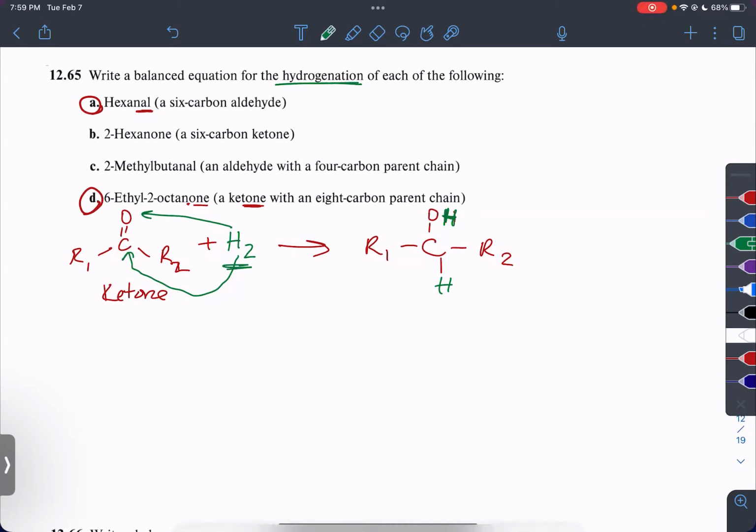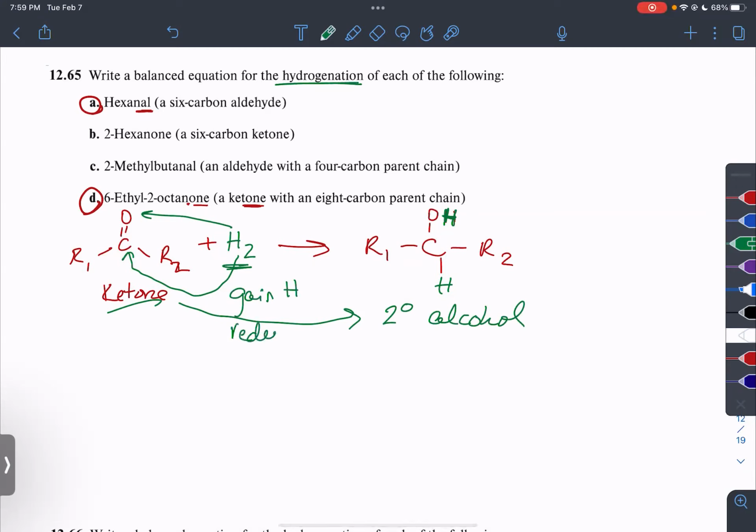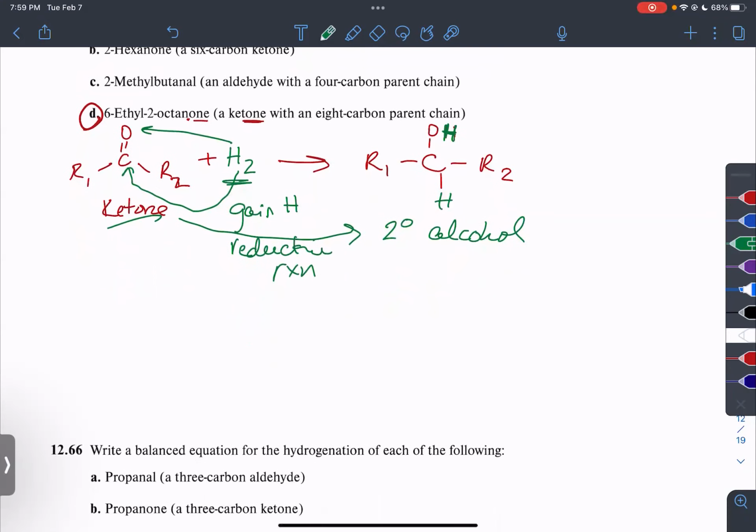So we went from a ketone to now a secondary alcohol, right? And when we went from that ketone to the secondary alcohol, we are adding hydrogens. This is a gain of hydrogen. We said a gain of hydrogen is a reduction reaction. It didn't ask you for that, but it's just kind of good to keep in mind.